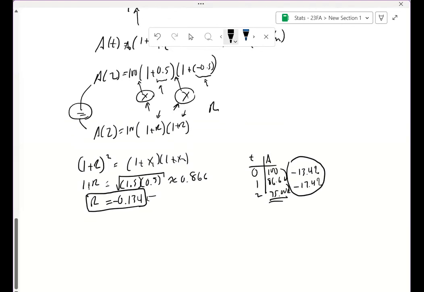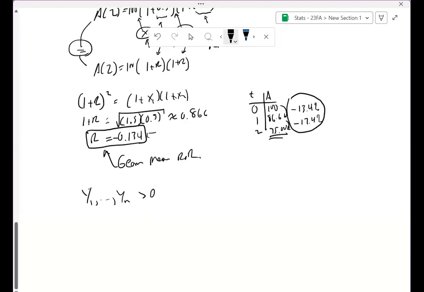This is what we call the geometric mean rate of return. And for a general data set y1 through yn of all positive numbers, the geometric mean is the product of all of those data points to the 1 over n power, the nth root.